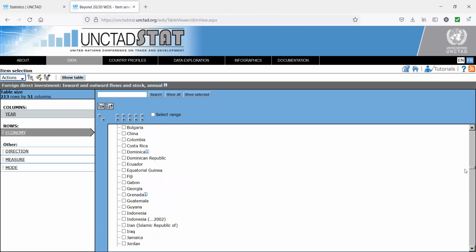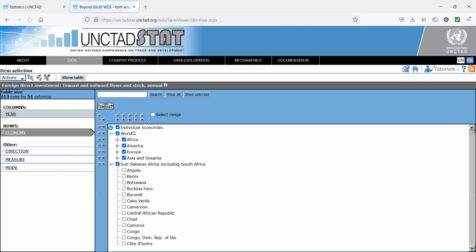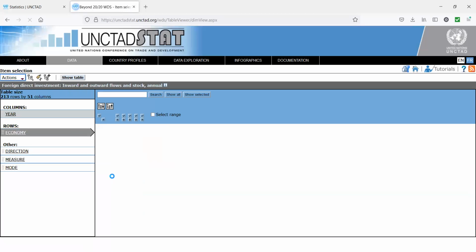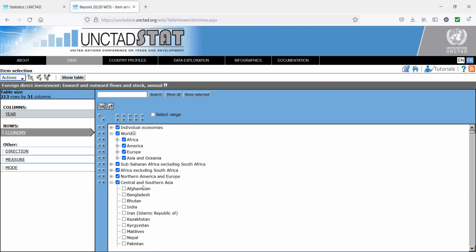We have different classifications in UNCTAD, which is really helpful. They have individual economies, and then you have world, and then you have continents, and then you have regions. So this is sub-Saharan Africa, North America, and Europe, Central and Southern Asia.